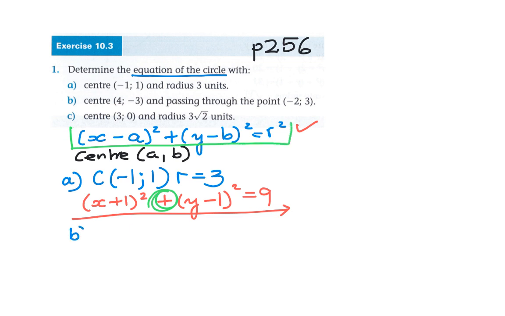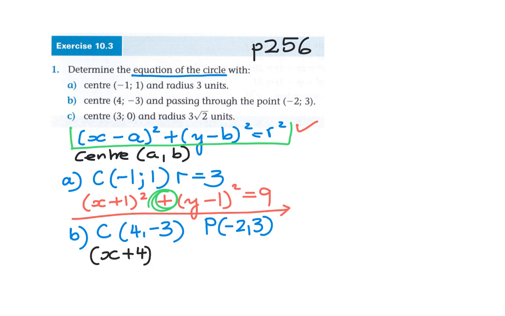Question B, we had a center with coordinates (4, −3) passing through a point with coordinates (−2, 3). So our equation was (x − 4)² + (y + 3)² = r². And similar to the previous slides, we know the coordinates of the point, so to find r, we can substitute the given point.